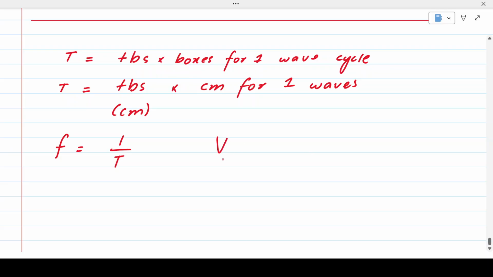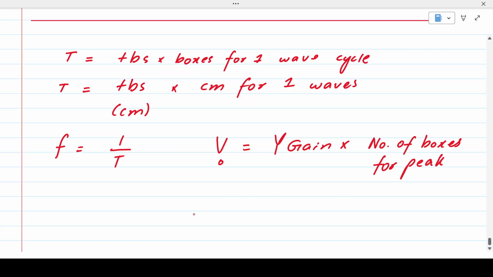In order to find the amplitude, let's say the maximum voltage of the signal, you multiply the y gain by the number of boxes for the peak.